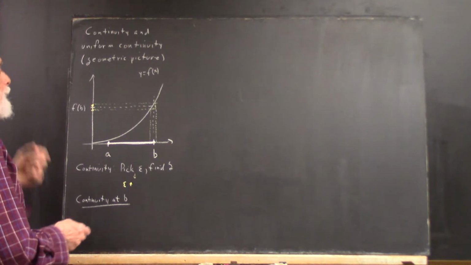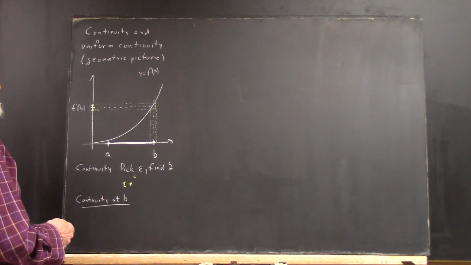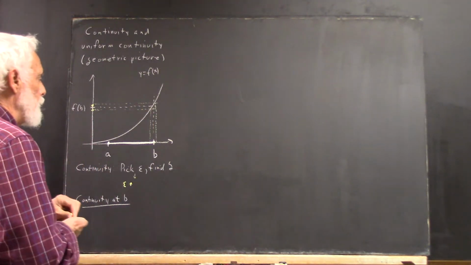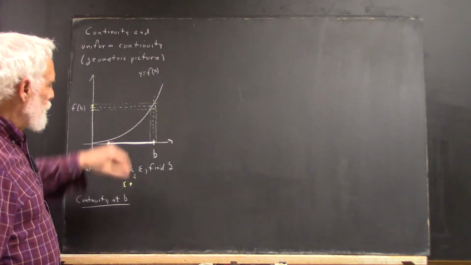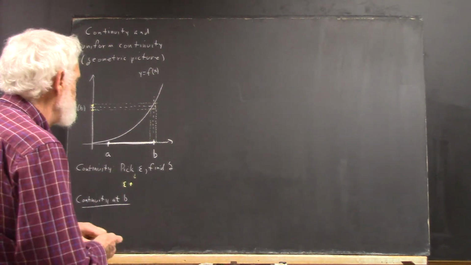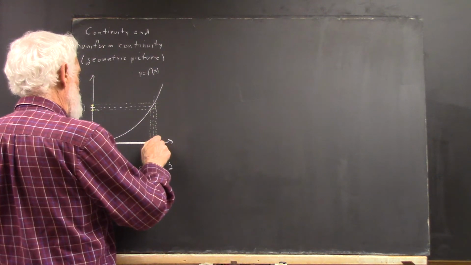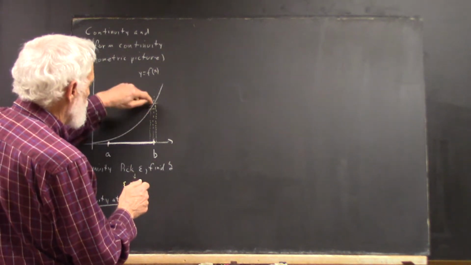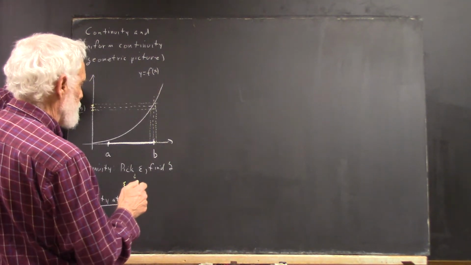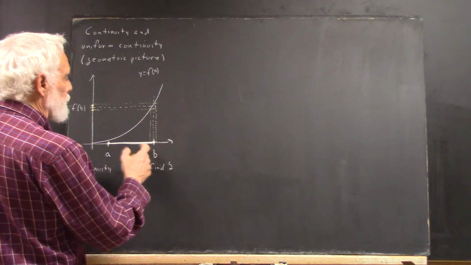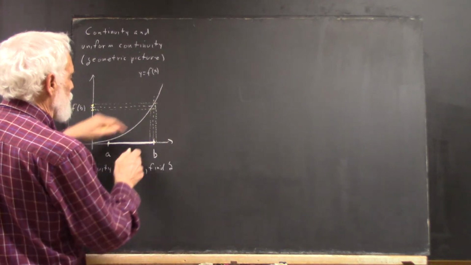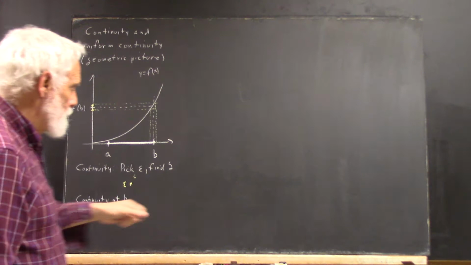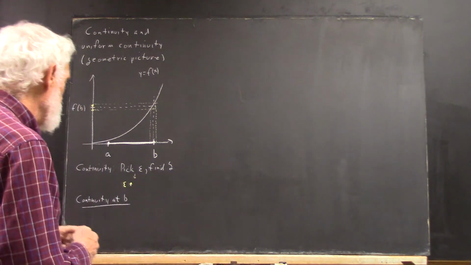Okay? We can see a couple of things. The function's getting steeper and steeper. And you can think about why, but I've exaggerated a little bit, but this projection line is closer to the projection line I used to find the value of f of b than this one. In other words, b is not right in the middle of the interval that I've created here. Okay, well, that's all right.